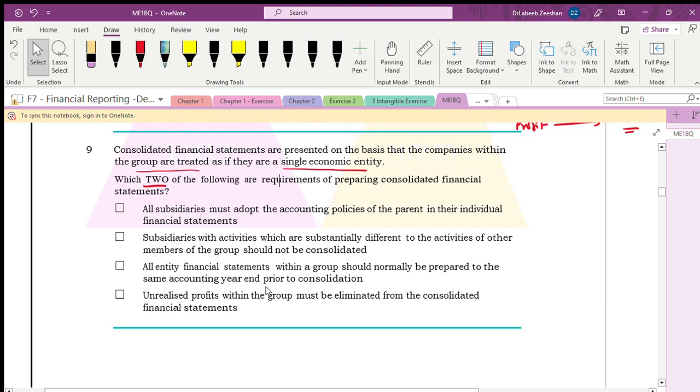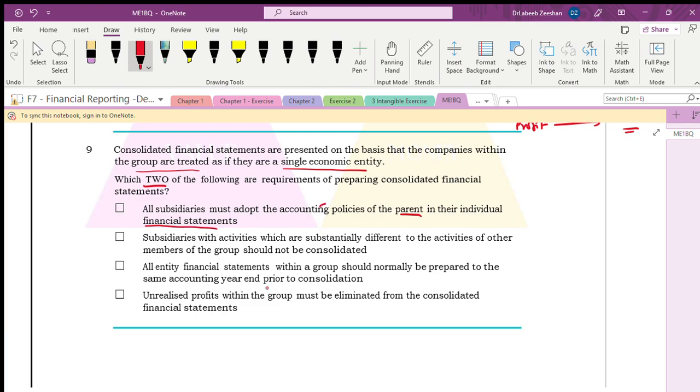Which of the following are requirements of preparing consolidated financial statements? All subsidiaries must adopt the accounting policies of the parent in the individual statements. There is no such rule. Accounting policies will differ, methods will differ, valuation will differ.